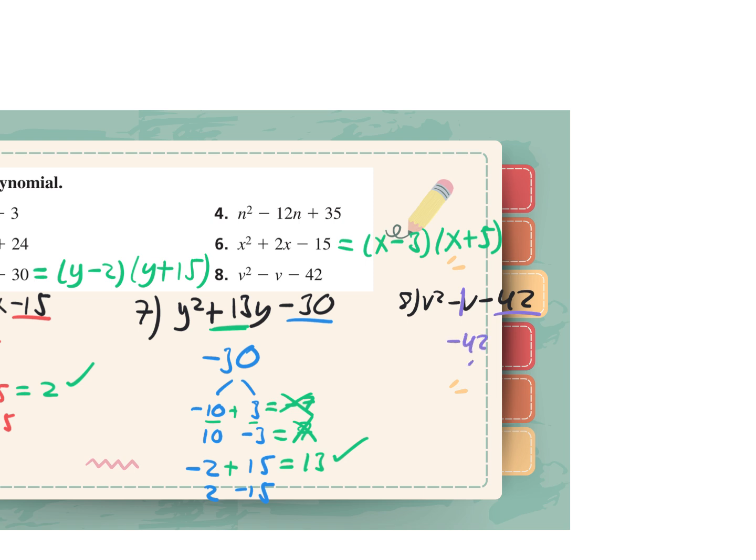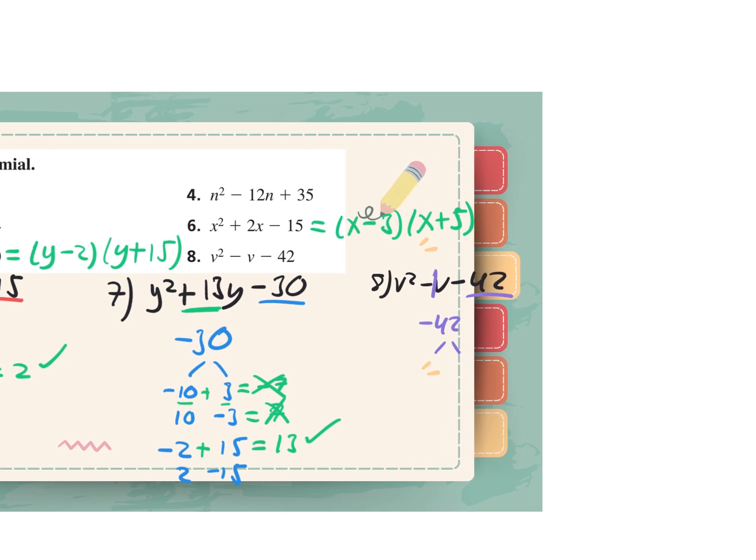So factors of negative 42, a couple of things might stand out to you. I would pick 6 and 7, right? If I did 6 and 7 and I want them to add to a negative, we can do a negative 6 and a positive 7, or a positive 6 and a negative 7, right? If I did negative 6 plus 7, that gets me a positive 1, right?